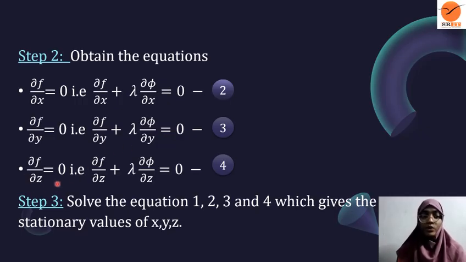Dou F by dou z equals 0, that is dou f by dou z plus lambda dou phi by dou z equals 0. Step 3: solve equations 1, 2, 3 and 4, which give the stationary values of x comma y comma z. By solving these 4 equations, we get the x, y, z values.